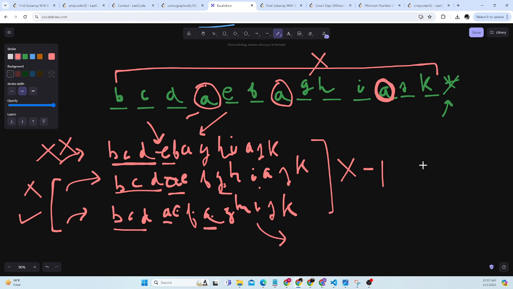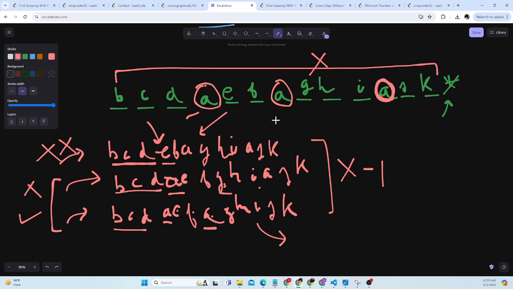So we saw one thing: if before a particular star, let's say there are a certain number of A's, and that length be x, and we remove any of the A's, the length of all the possible strings will become x minus 1. So length is equal for all of them, but it's always beneficial to remove the rightmost A. Because if we remove this particular A, then these two A's will always contribute in making the string smallest.